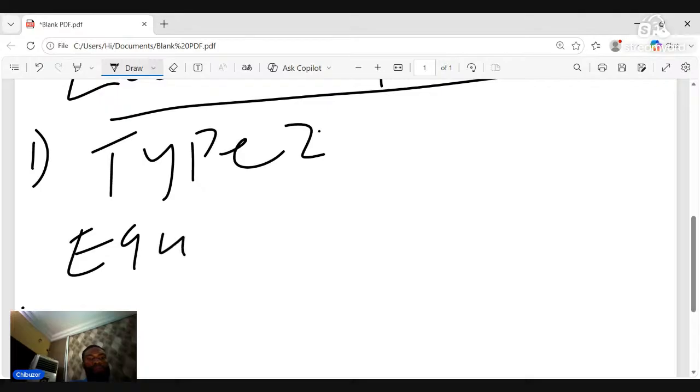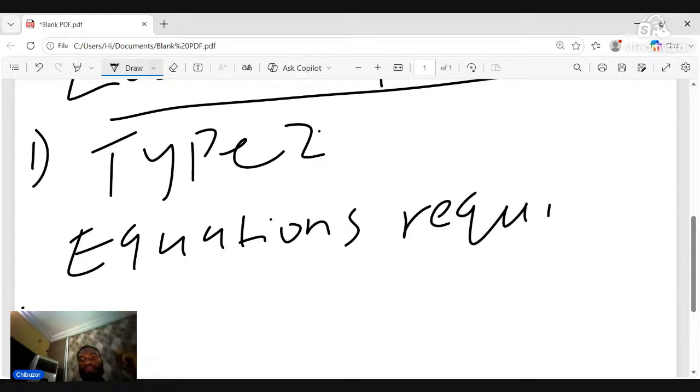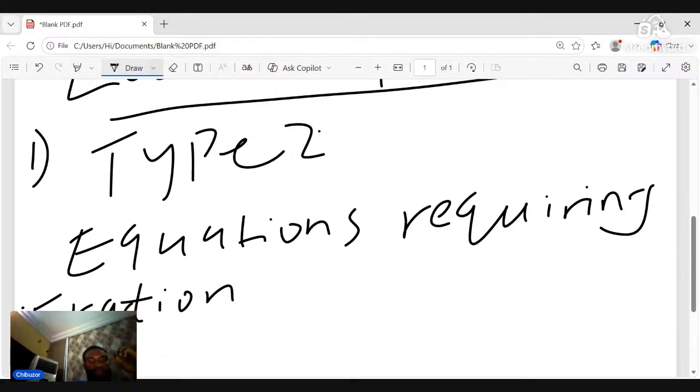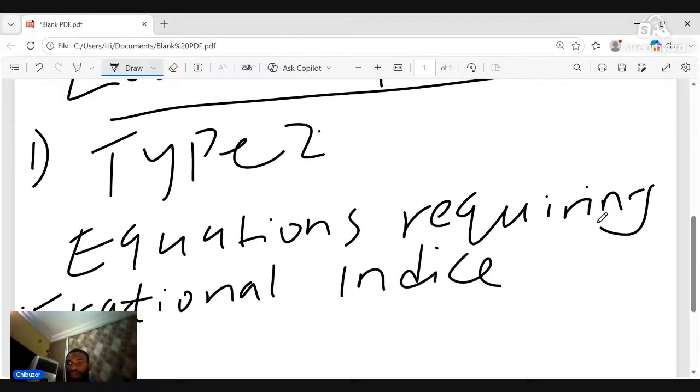Equations requiring fractional indexes. So this is for the second type.